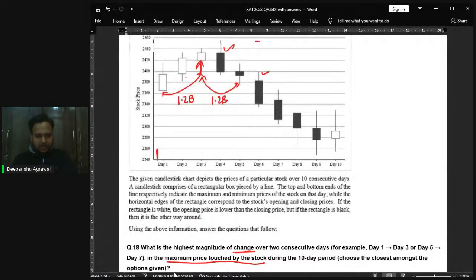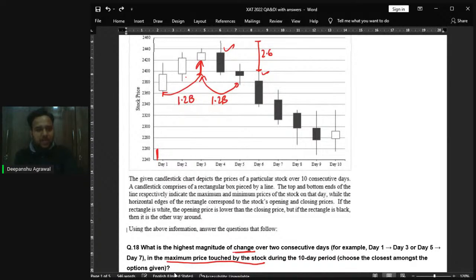There's a difference of around 2.6 or 2.8 times the bar. There's a difference of 2.6 times the bar. So now we can cancel this because we have got a much higher value.